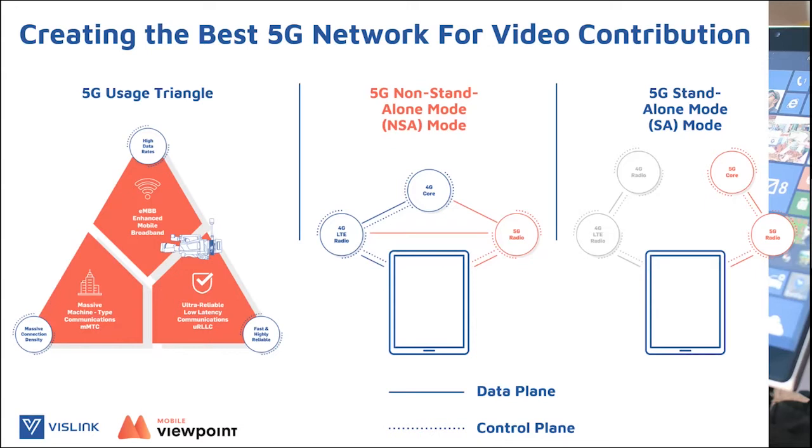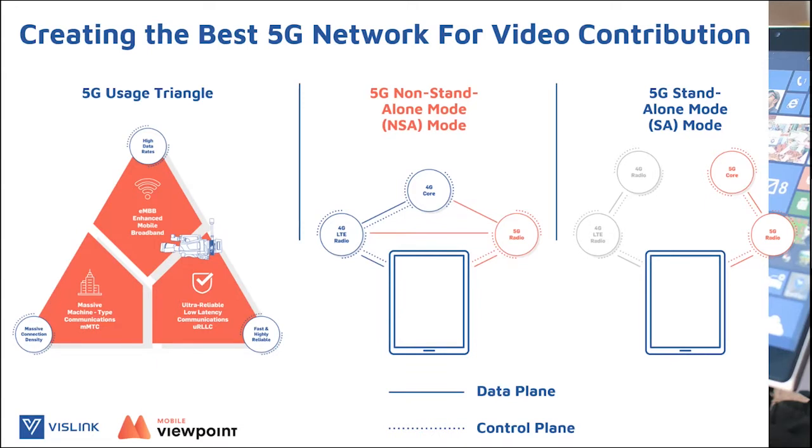Or maybe you optimize your 5G system for ultra low latency to get that instant connectivity that you need for certain applications. In a video application, the balance is somewhere between high data rates, because we know video takes up a lot of data, and low latency, because we know how important low latency is in a live video solution.